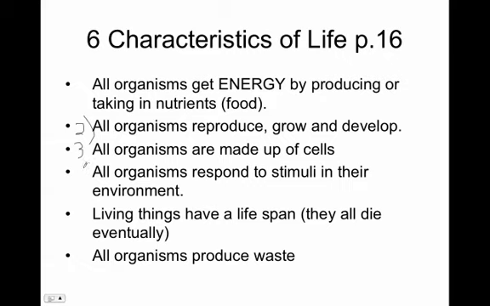Fourth, all organisms respond to stimuli. Fifth, living things have a lifespan and will eventually die, so a life cycle. And the 6th characteristic that all living things have in common is that all organisms produce waste.